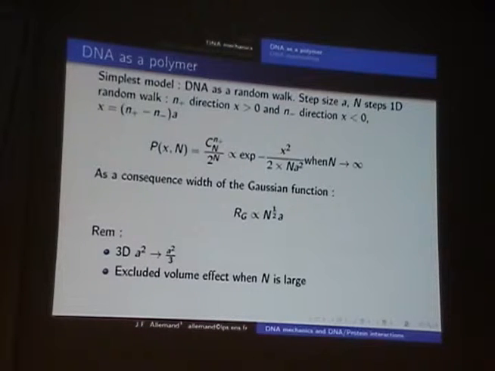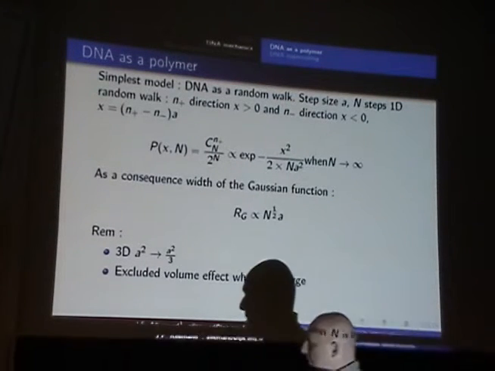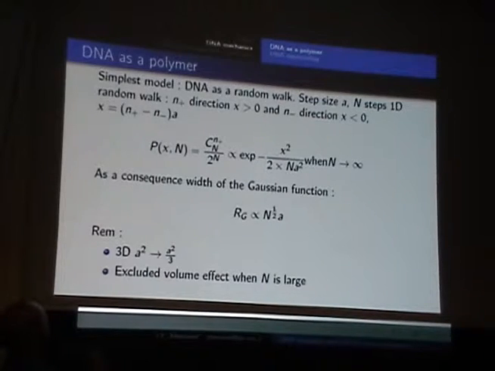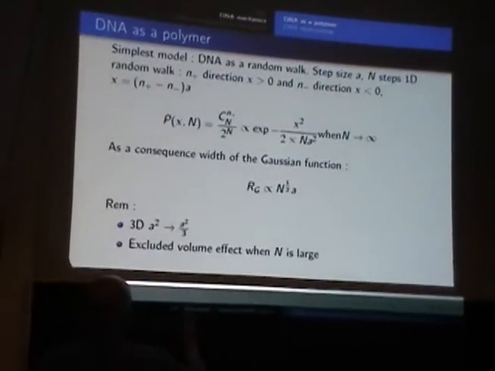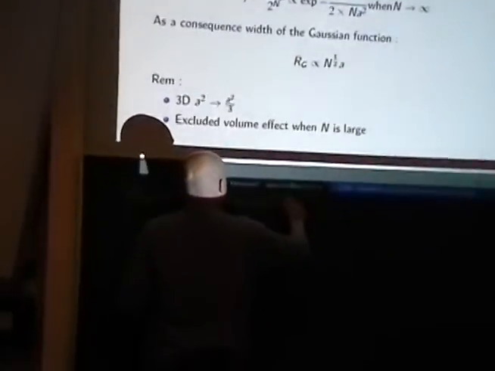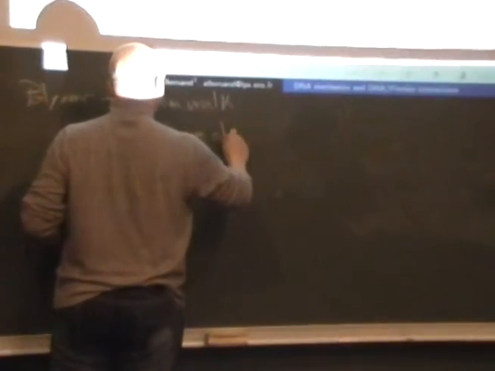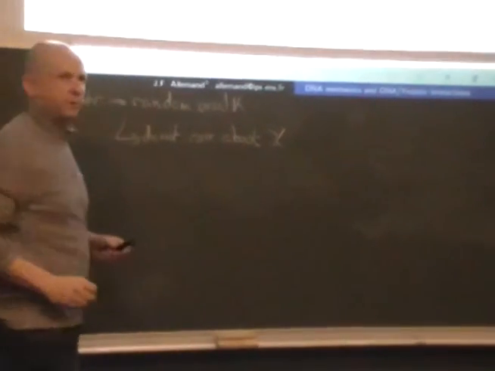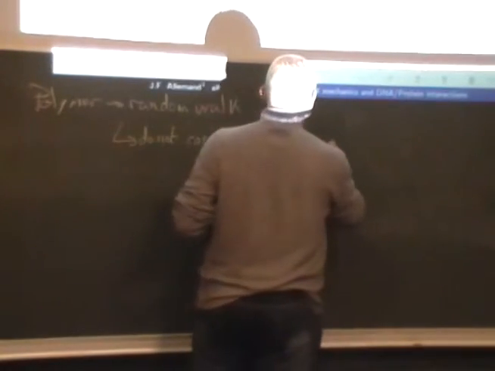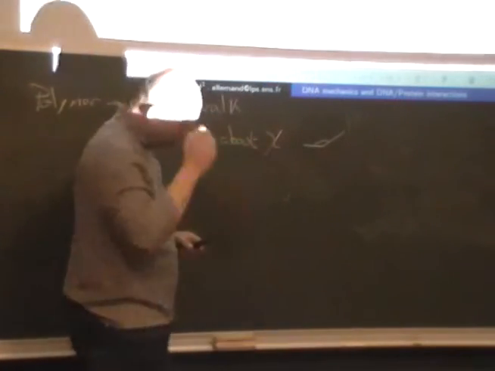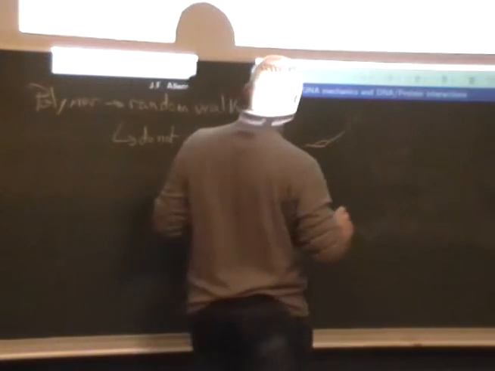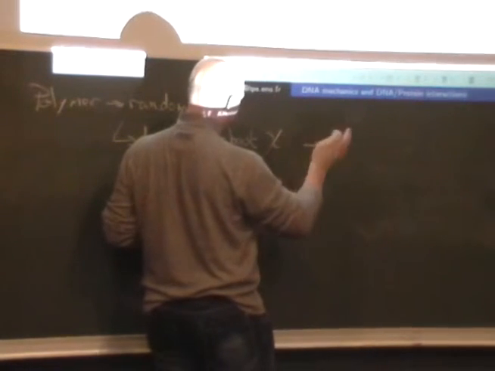And so we start by making some modeling. The simplest model that was proposed this morning is that the polymer is a random walk. In the simplest model, you don't care about the chemistry. You know in chemistry that you have some specific angle between two chemical links. For us, it will not be a problem. In fact, if you do the calculation, this is simply a restating of the problem.